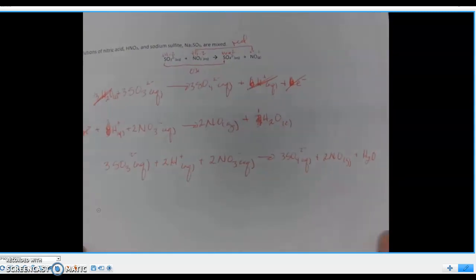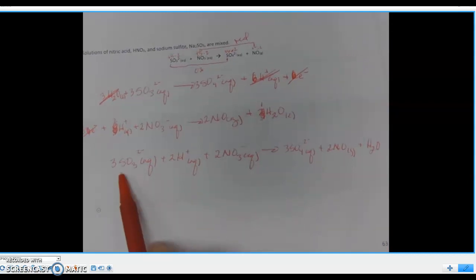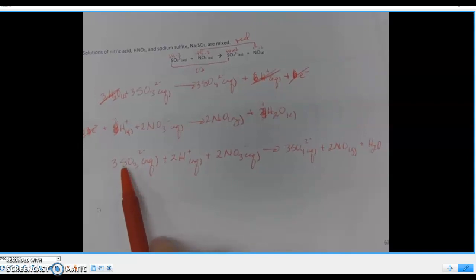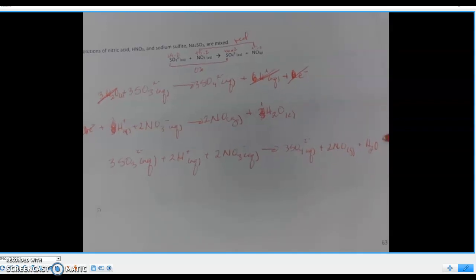Okay, beautiful. You can check your work by making sure that the atoms are balanced and the charges are balanced. So we have 3 sulfur, 3 sulfur. We have 9 plus 6 more, 15 oxygens, and then we have 12, 13, 14, 15 oxygens.